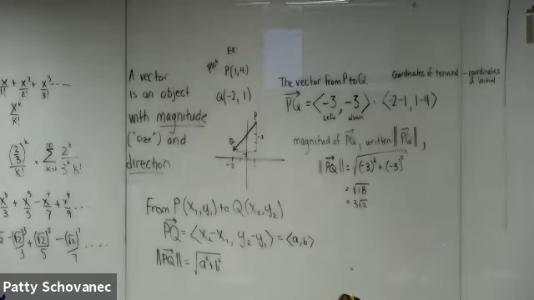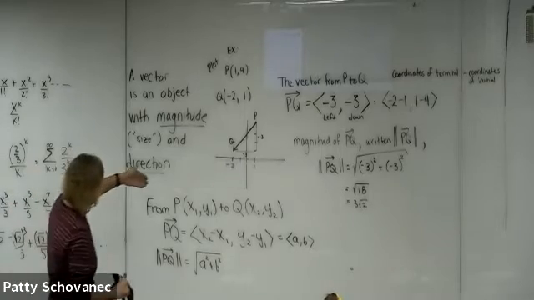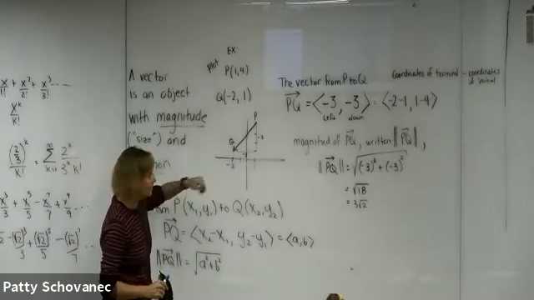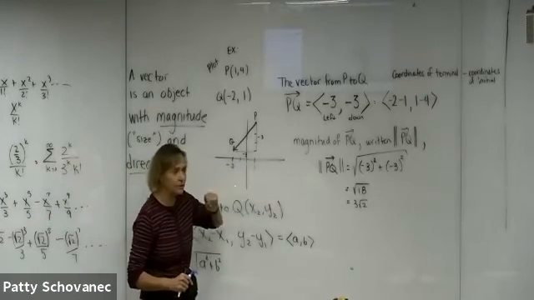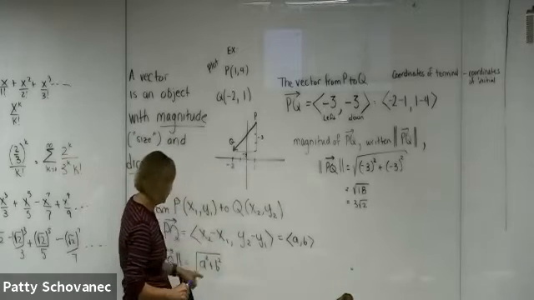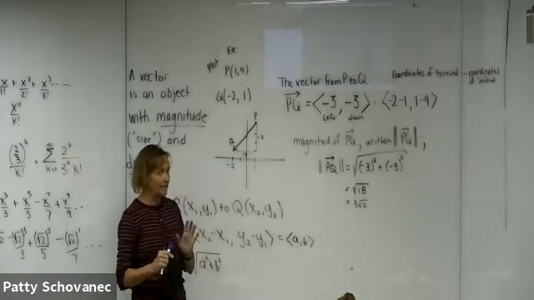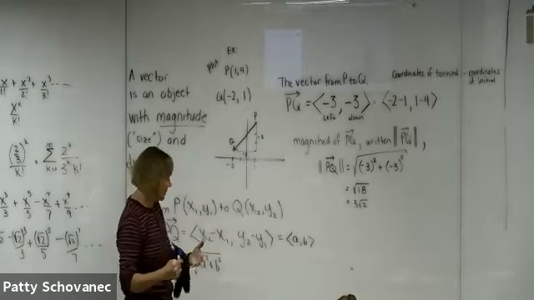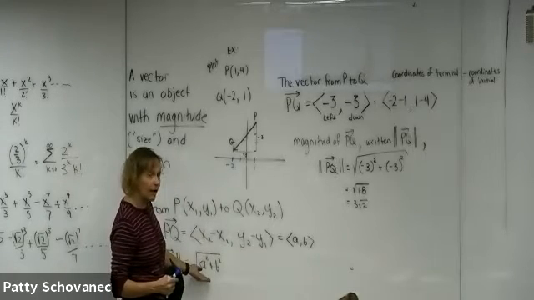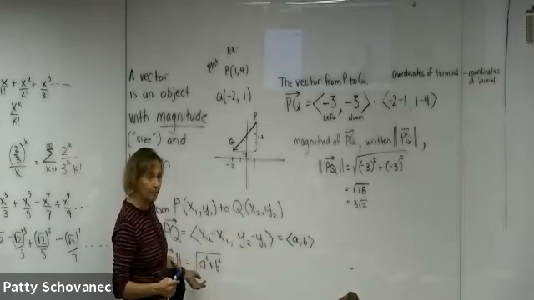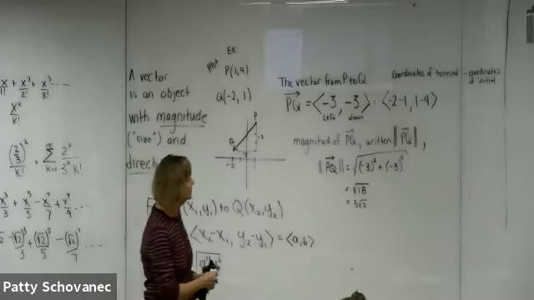The same will be true in 3 dimensions, except we'll have a third component. If I'm in 3 dimensions, I'm going from x1, y1, z1 to x2, y2, z2, and I'd have a third slot in here, which would be z2 minus z1. Magnitude will be done the same way. We would add to this the value of that third component squared and put it under the square root sign.